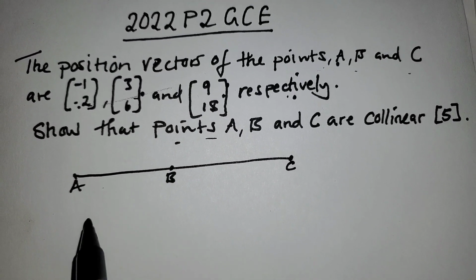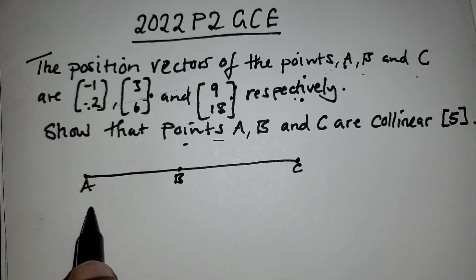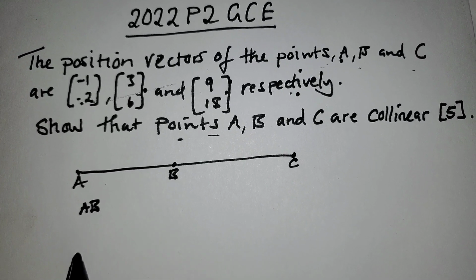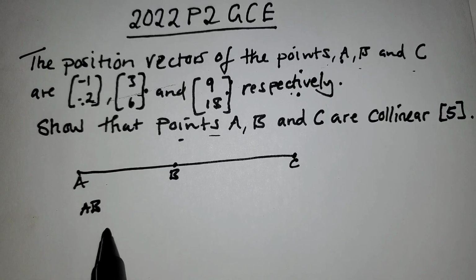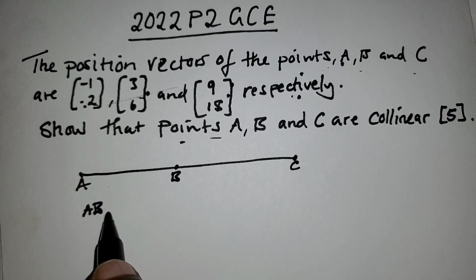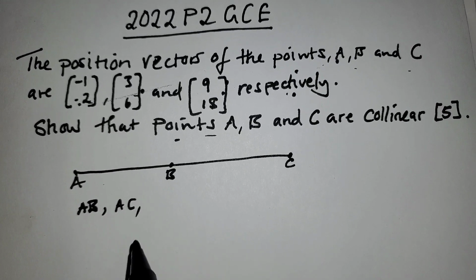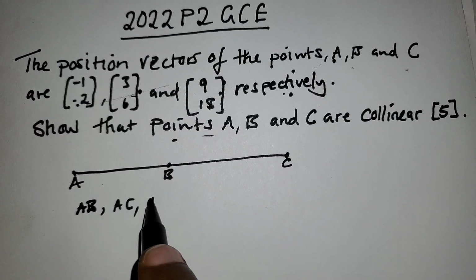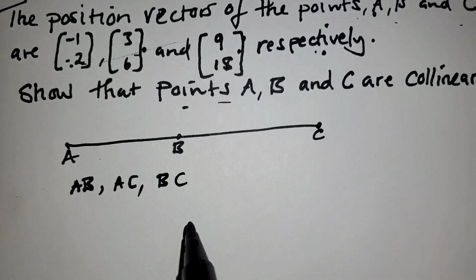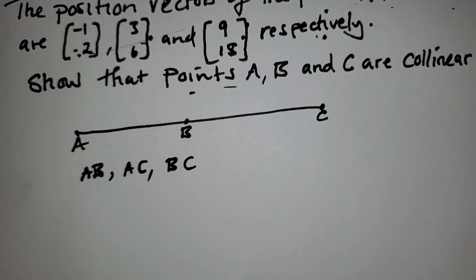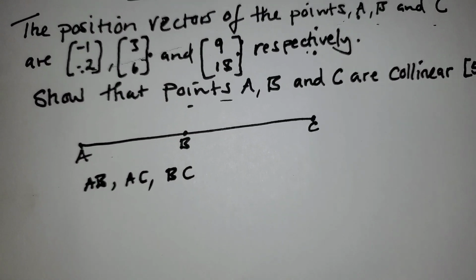So we need to show that points A and B have the same gradient as A and C, and the same gradient as B and C. So let's do exactly that.